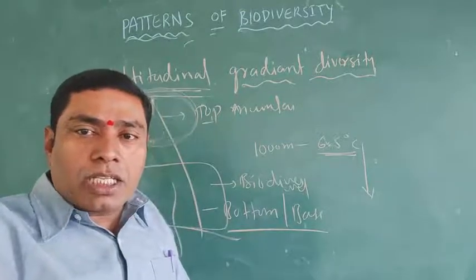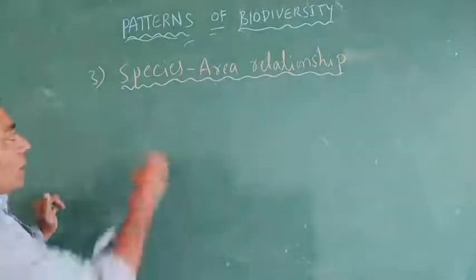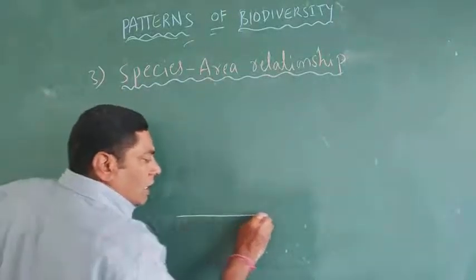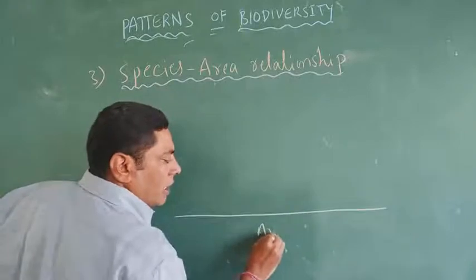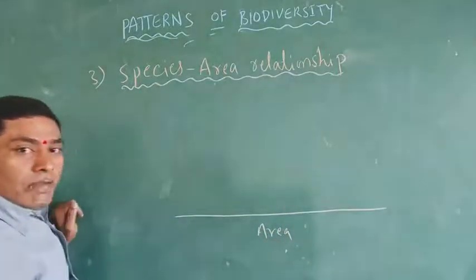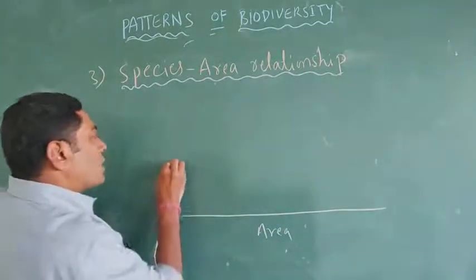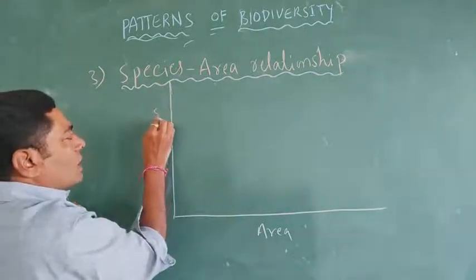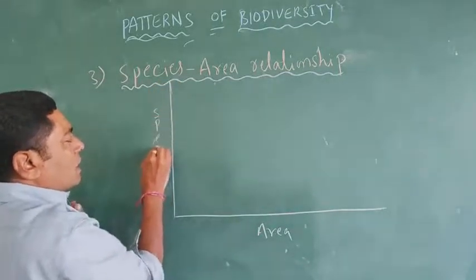In the species area relationship, when the area increases, the species also increase. It is known as species richness.